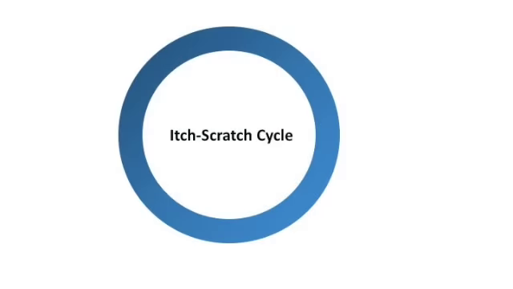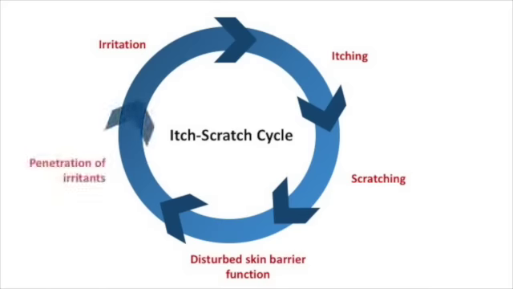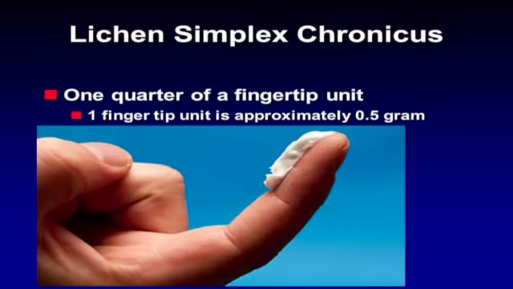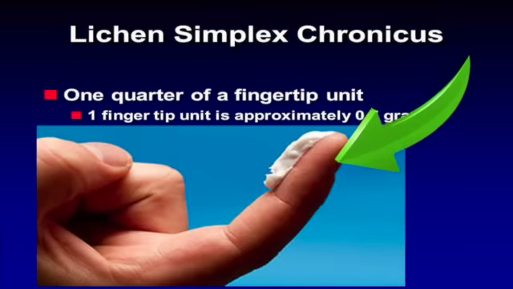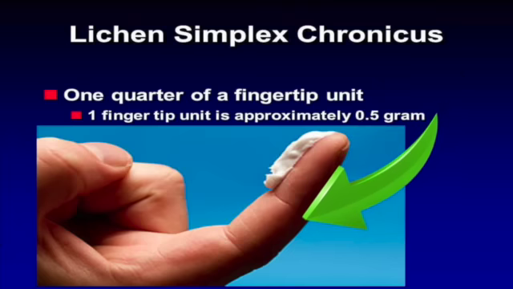An important component of lichen simplex chronicus management is patient education. I actually draw a diagram of the itch-scratch cycle and manage their expectations. Steroids are another form of therapy for lichen simplex chronicus. A fingertip unit is from the distal portion of the index finger to the distal interphalangeal joint.